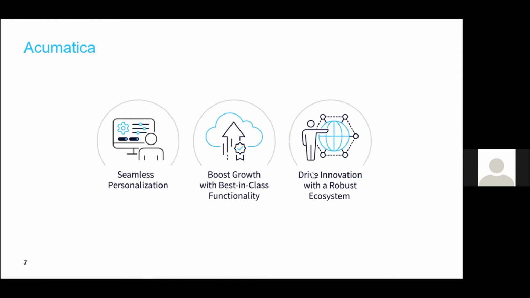We also find that the functionality of Acumatica is far and away better than most other ERP systems, in the sense that Acumatica does a lot of stuff. It does core financials, receivables, payables, GL, bank rec, but it does distribution, inventory, purchasing, sales orders. It does construction accounting.